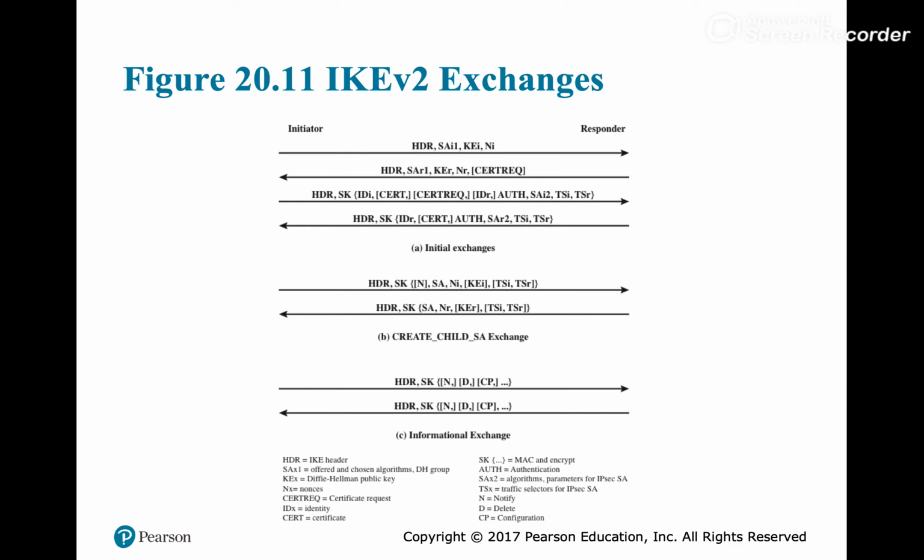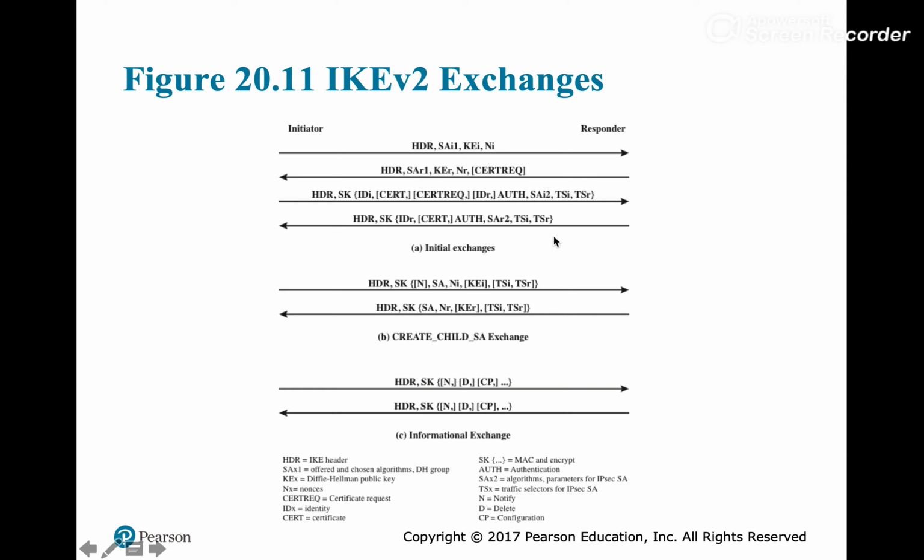Okay, we will not go into the detail of the IKE protocol, but I will give you a rough overview. First, IKE exchanges occur in pairs, like sender and receiver. This is called one pair, and another pair. The first process is called the initial exchange, and we complete it in two pairs.